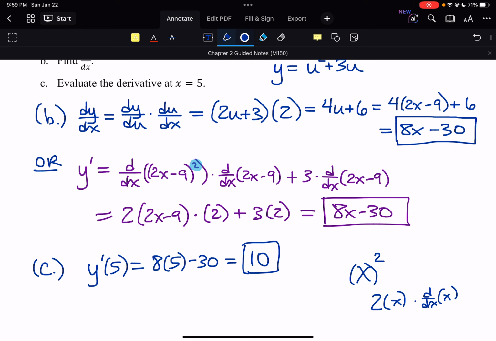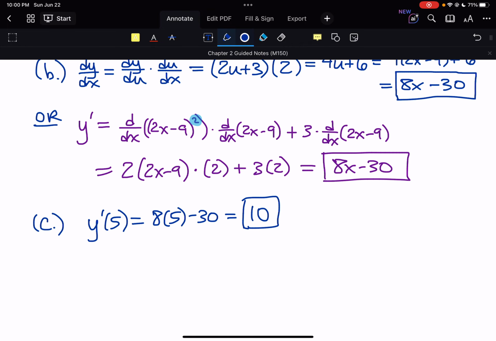But the inner portion is x, so its derivative is 1. So you would just get 2x times 1, but that's just 2x. So technically speaking, the chain rule can apply everywhere. So if you're ever in doubt or you're not sure, better to just use it, be safe, rather than be sorry and then you missed out on it.